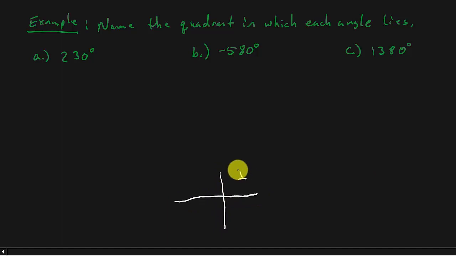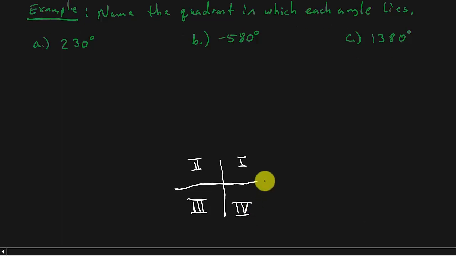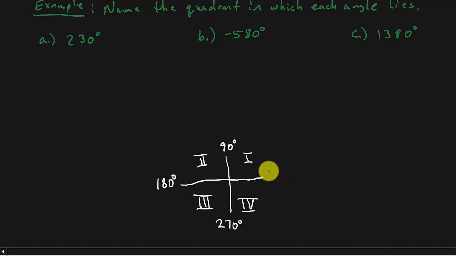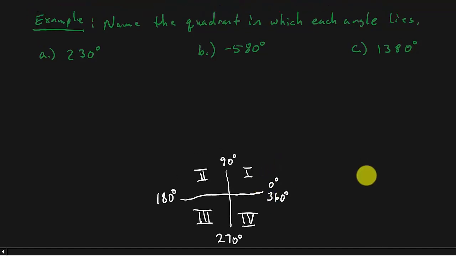So we got quadrant 1, quadrant 2, quadrant 3, and quadrant 4. That's the quadrants. Okay, now whenever you're labeling this, this is 0 degrees, 90 degrees, 180 degrees, 270. Let's put the 0 degrees up here, 0 degrees, and then back to 360.